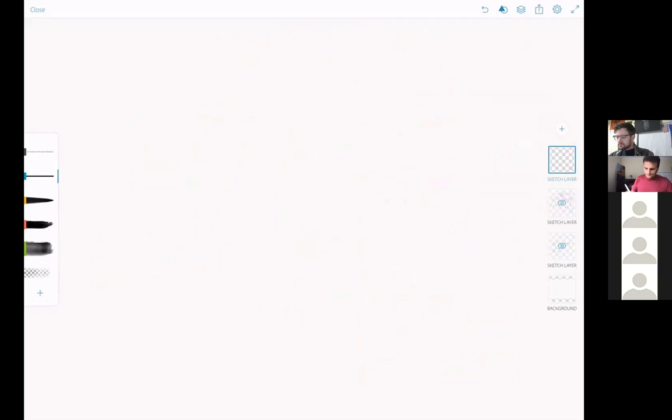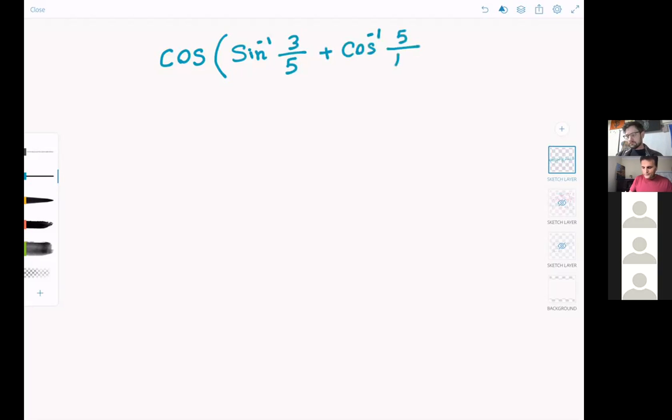What is cosine of parenthesis sine inverse of 3/5 plus cosine inverse of 5/13?